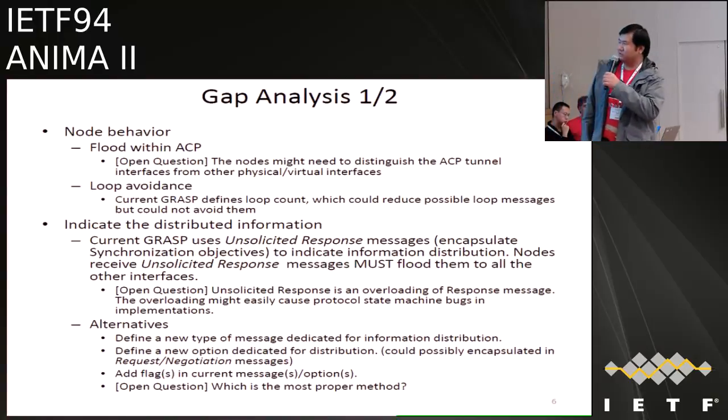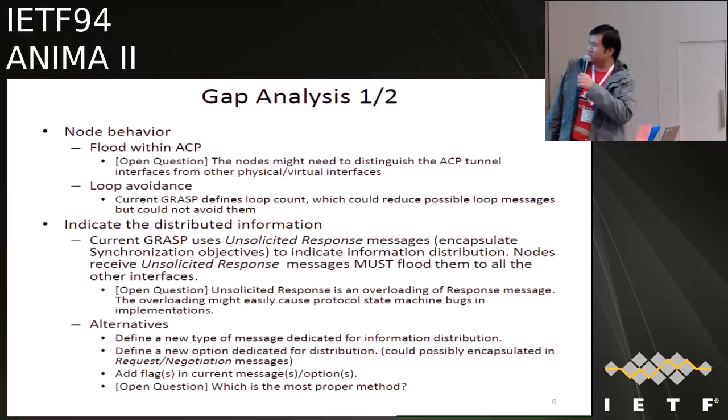Or we add some flags in the current message option to indicate the distribution. So the open question to the working group: which one do you consider the most proper one? In my personal tendency, I prefer the first one. We just define a new type of message to do this job.